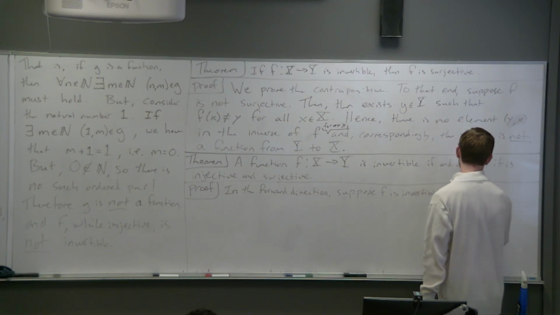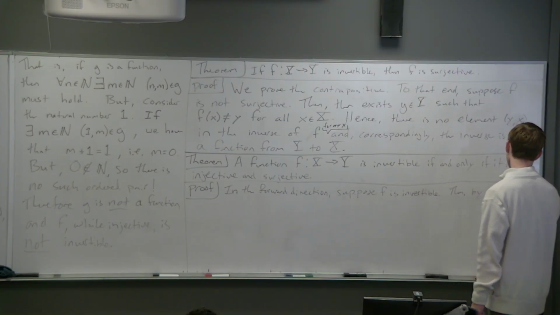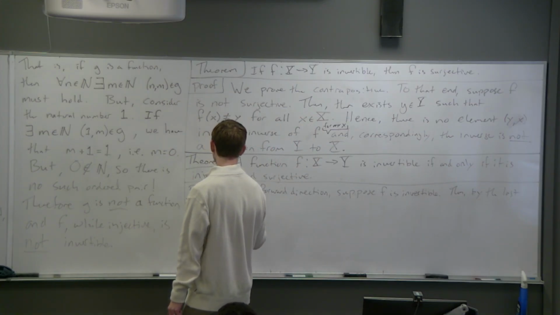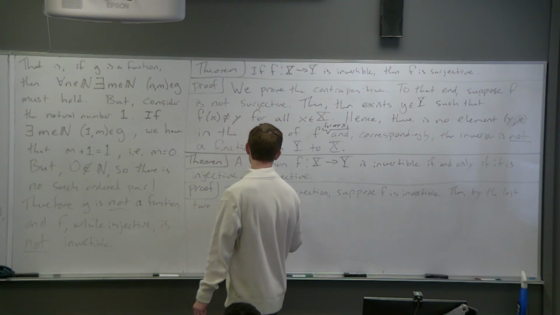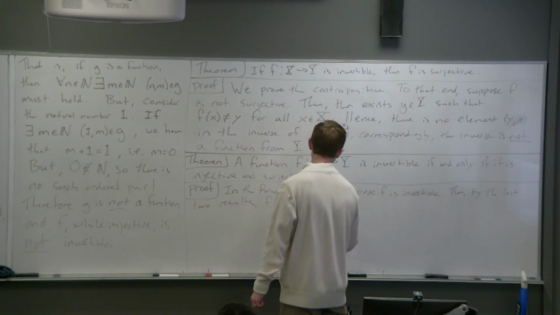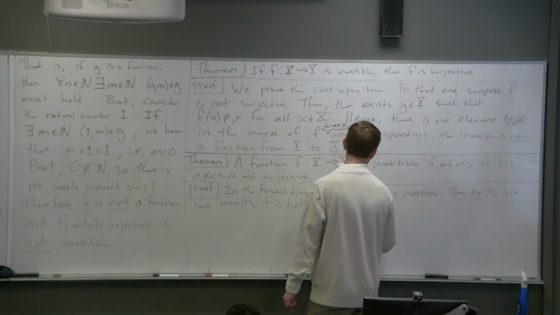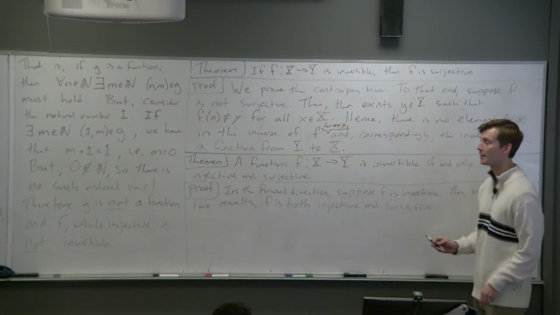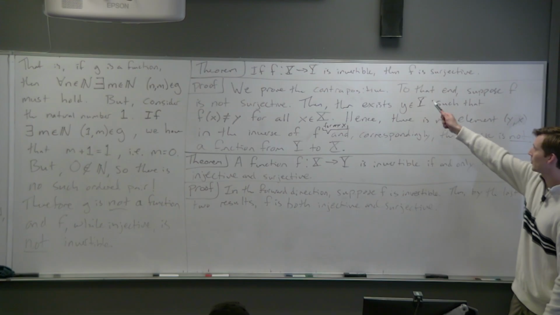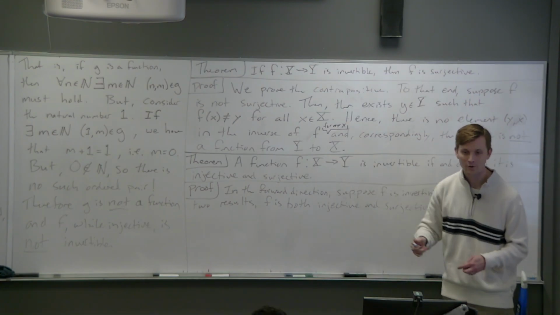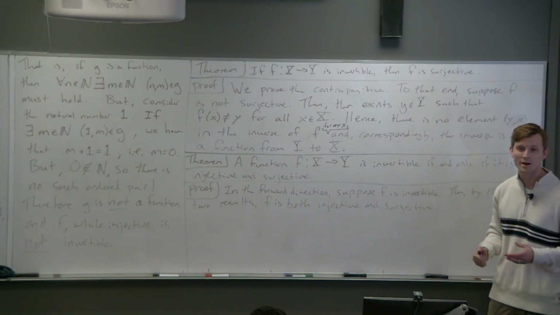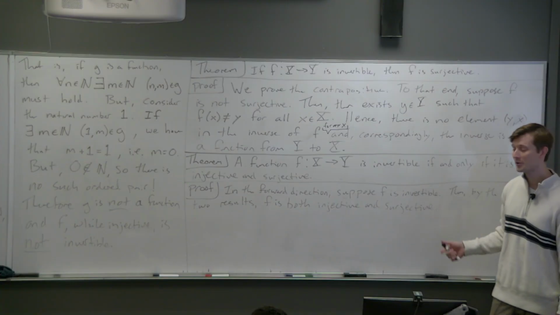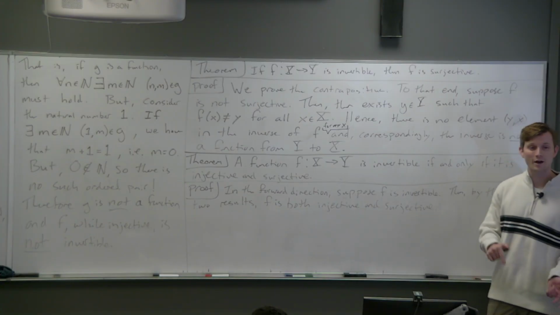Then, by the last two results, f is both injective and surjective. That is, we just showed that if f is invertible, it's surjective. And then on the other board, we showed that if f is invertible, f is injective. So we get that side for free. That's a super easy part. Now let's go the other direction.